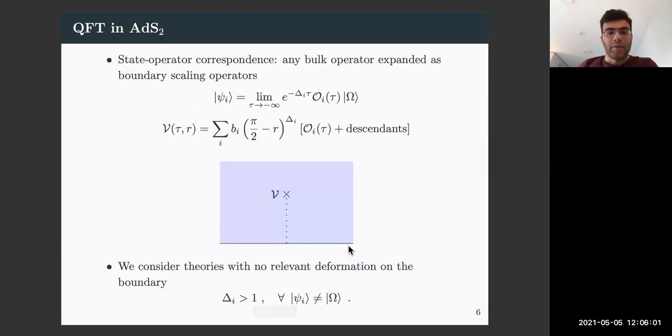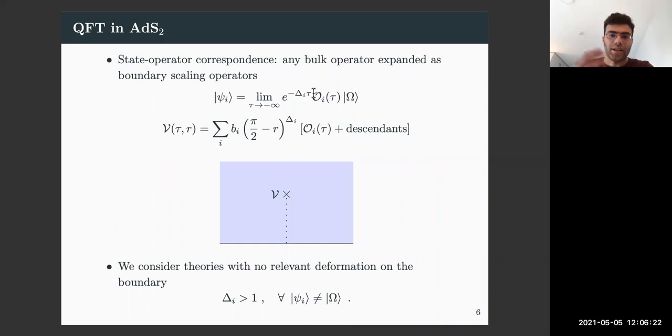We can also use the state-operator correspondence to expand a bulk operator in terms of boundary scaling operators. In particular, if you have a state in the bulk psi_i, it corresponds to a boundary operator O_i with dimension delta_i.